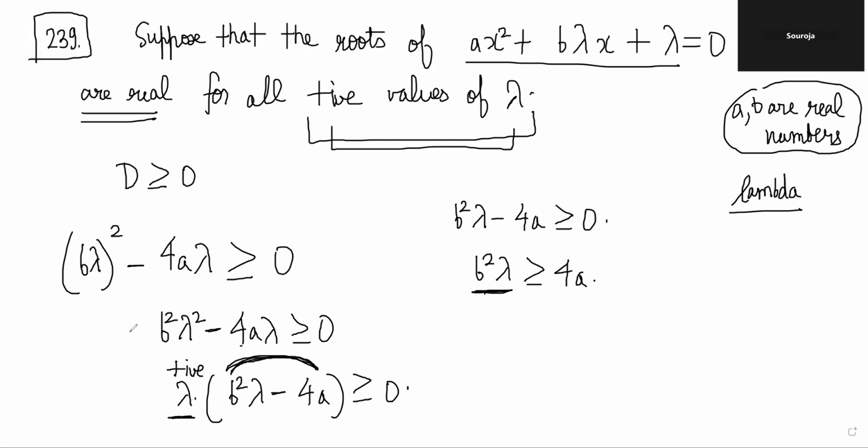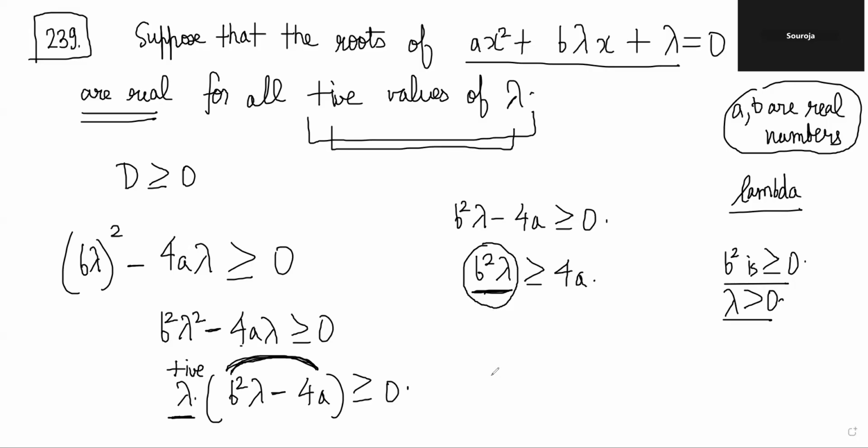Oh, my bad. We are getting a situation like this. And here we can say that b square is greater than or equal to 0 because it's a square, and lambda is also greater than 0, right? So this quantity is completely positive. Okay, that doesn't help us much.